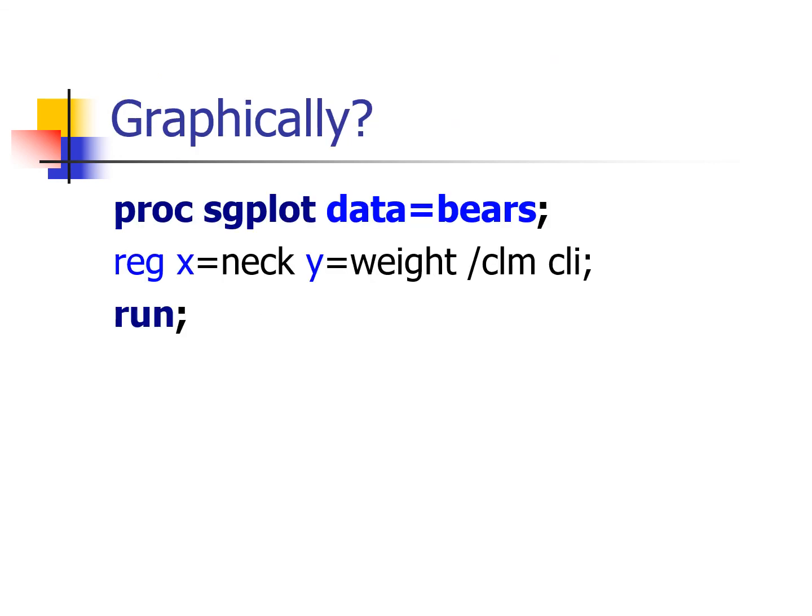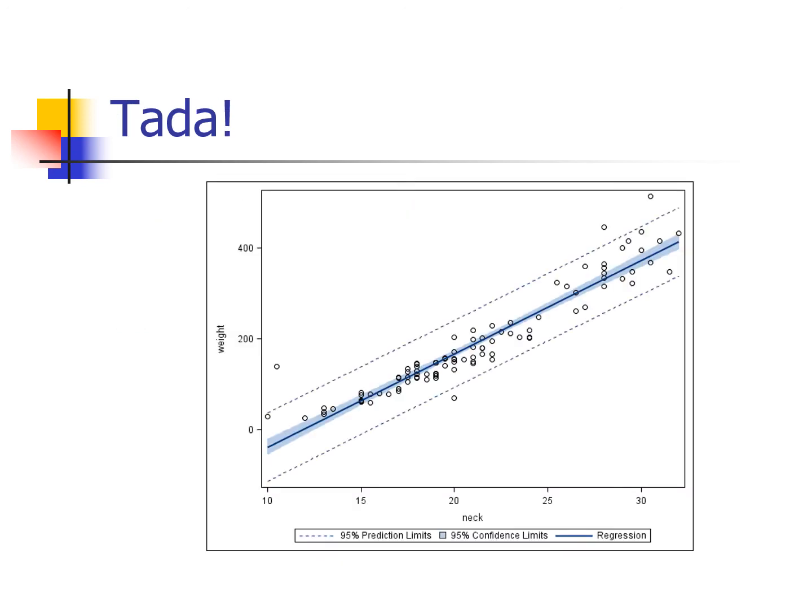We can look at these confidence intervals. We can actually generate a graph of the confidence intervals or the bands with proc Gplot. And this is what it looks like. They're always at their narrowest in the middle, because we know the confidence intervals are smallest around X bar.